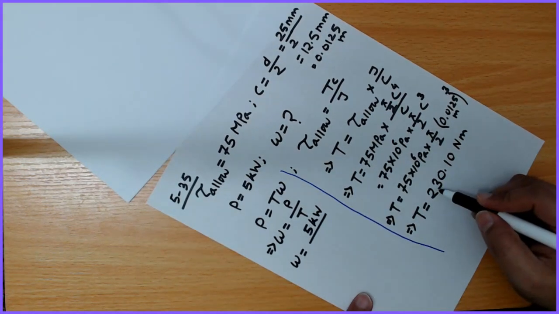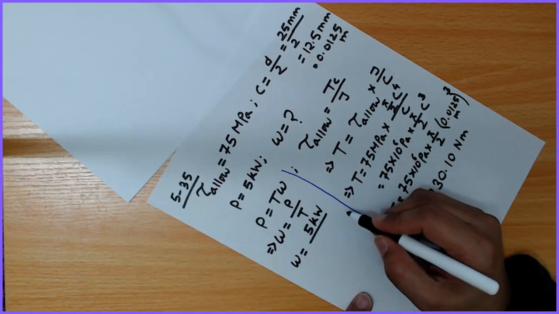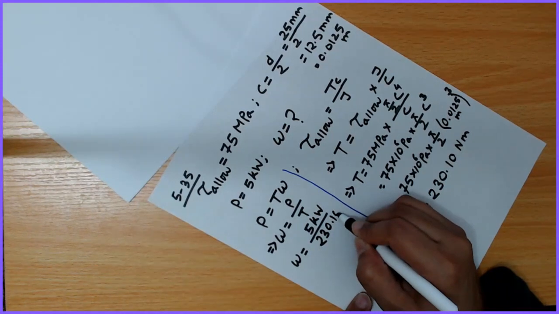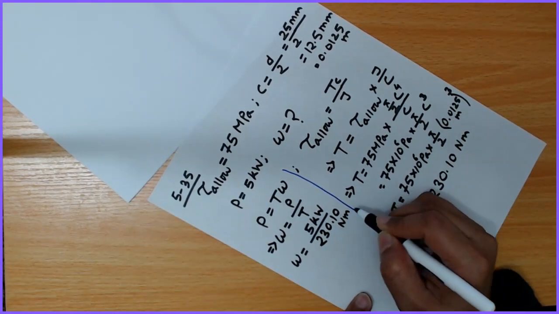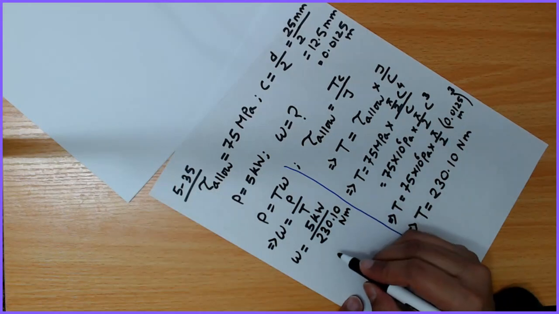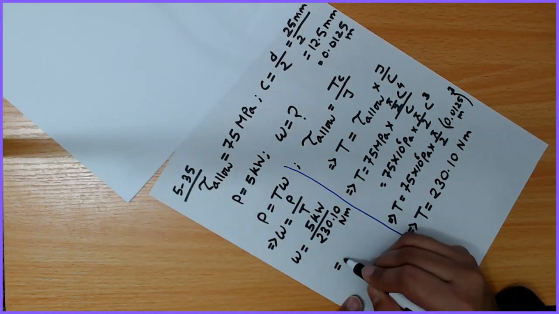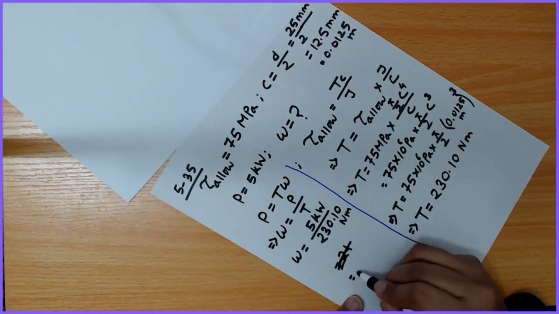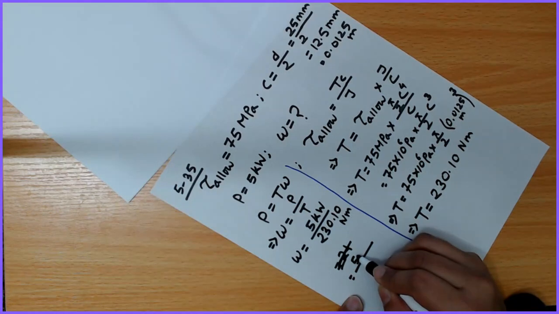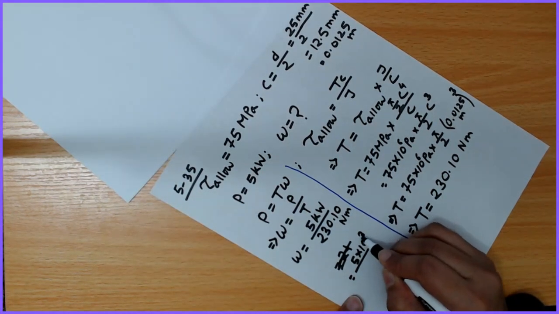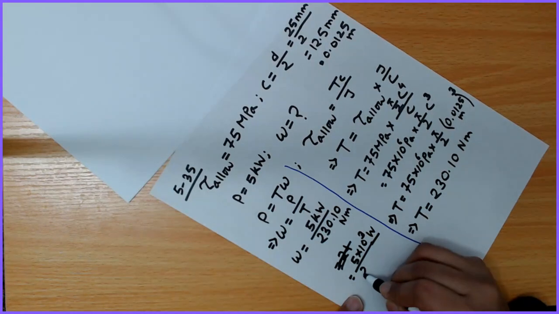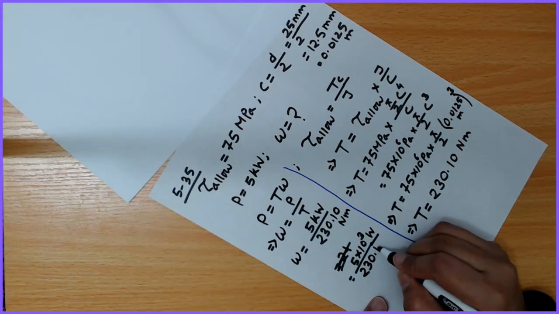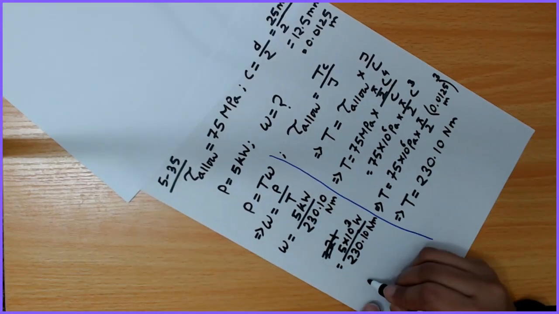Sorry, I think T is 230.10 Newton meter, and now 5 into 10 to the 3, we need to convert the kilowatt to watt, and 230.10 Newton meter.